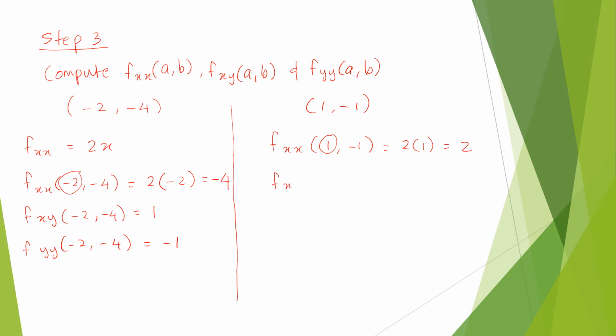Next, fxy at 1, -1 fixed to be 1. fyy at 1, -1 also fixed at -1, fixed value. Okay, so we finish our step 3.